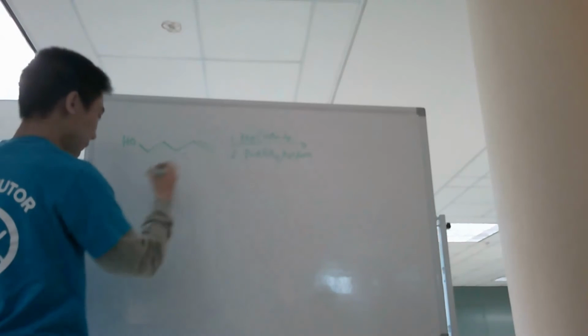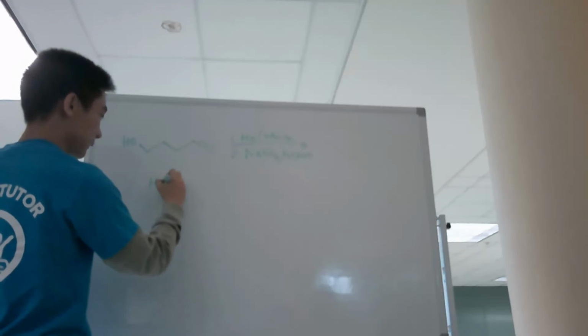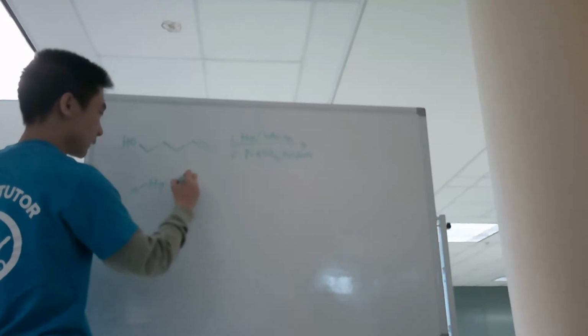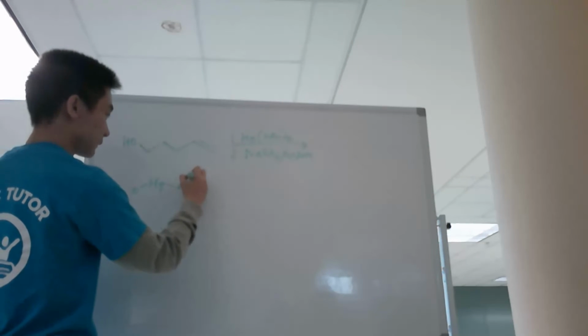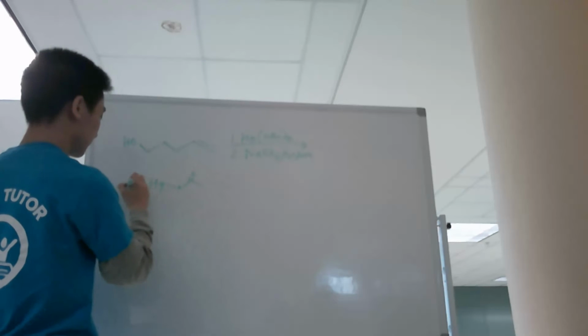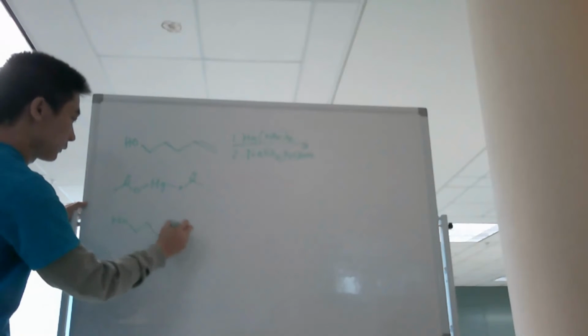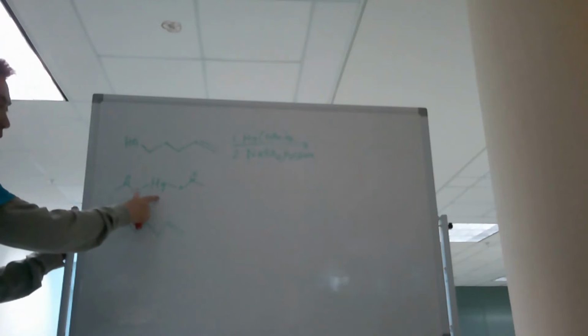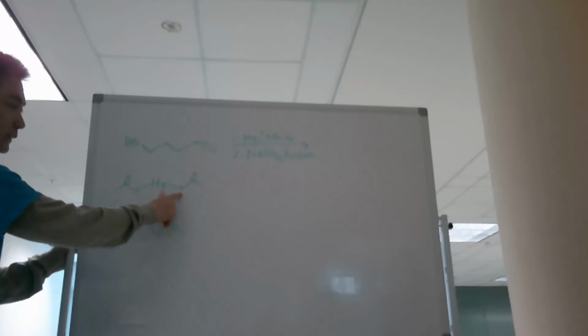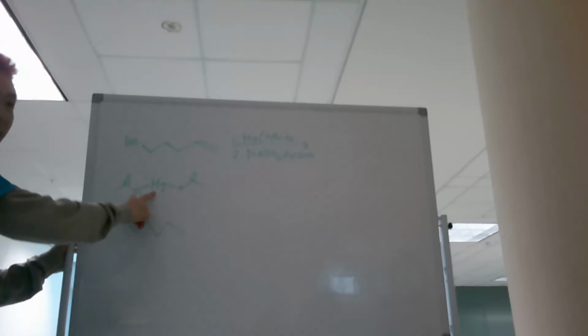I'm going to draw out this mercury with the 2 oxygen acetate groups. That needs to get deprotonated. And draw the reactant down here. Since this mercury is attached to two electronegative oxygen atoms, would this mercury be positive charge or negative charge?